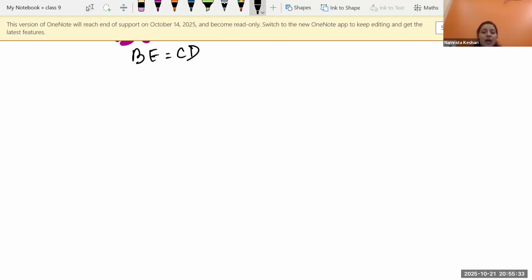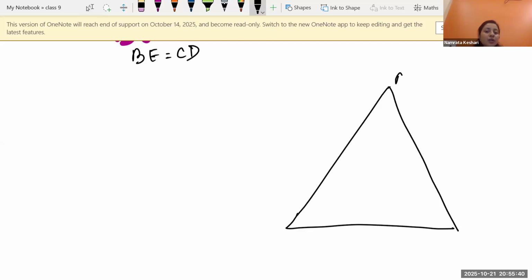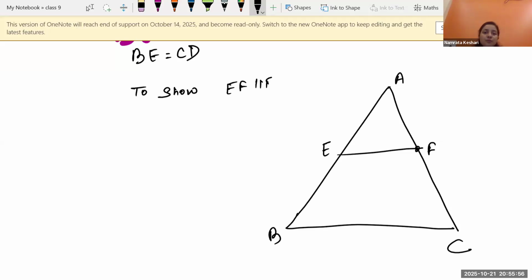So we have a triangle. Again, you are not going to note down anything, please don't note it down. We have a triangle ABC. We had the midpoint E and the midpoint F. We were supposed to prove that EF is parallel to BC, and we were not able to do so by taking any triangle, the upper one or the complete one.